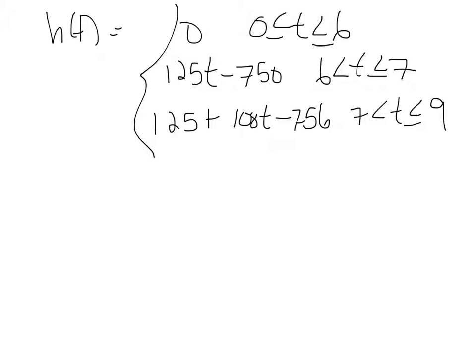Okay, let's go on to part D. So now they want to know how many cubic feet of snow are on the driveway at 9 a.m. Now, what you have to consider is that, again, this is accumulation. So this is going to be the integral of the rate.